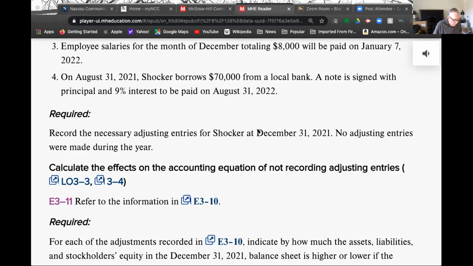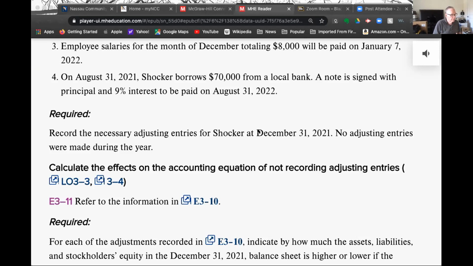The loan requires principal and interest at 10% to be paid on October 30th, 2022. That's a year from now. So we borrowed the money on November 1st, but we don't have to pay it back, principal and interest, until October 30th of next year.